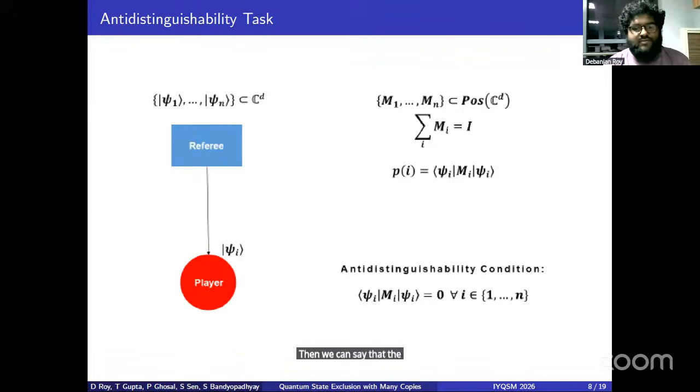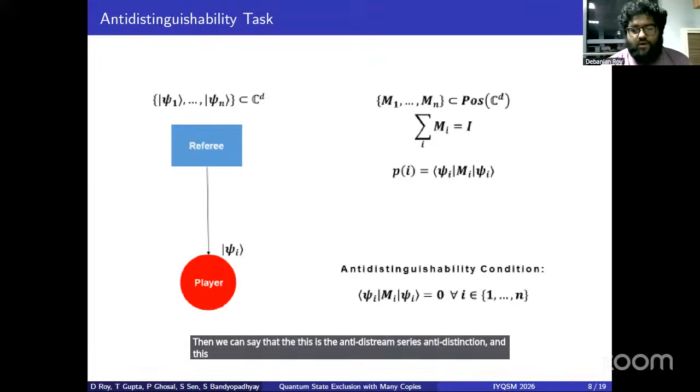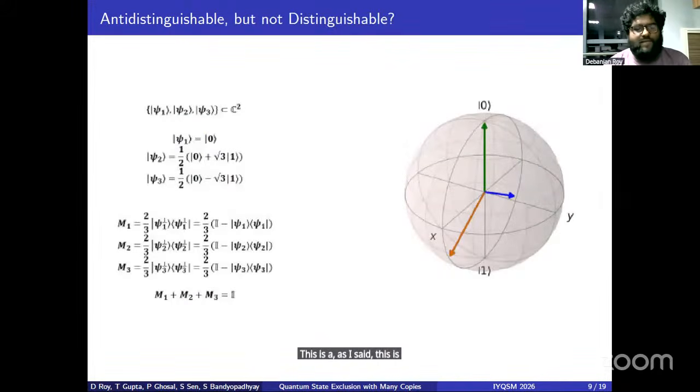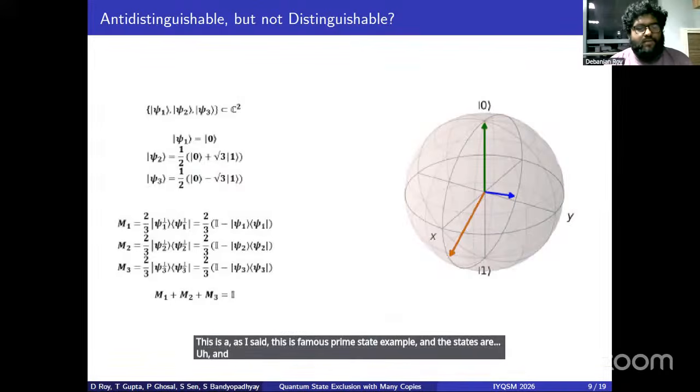This is the anti-distinguishability condition. This is the famous prime state example, and the states are the excluded ones. The measurement elements are given.